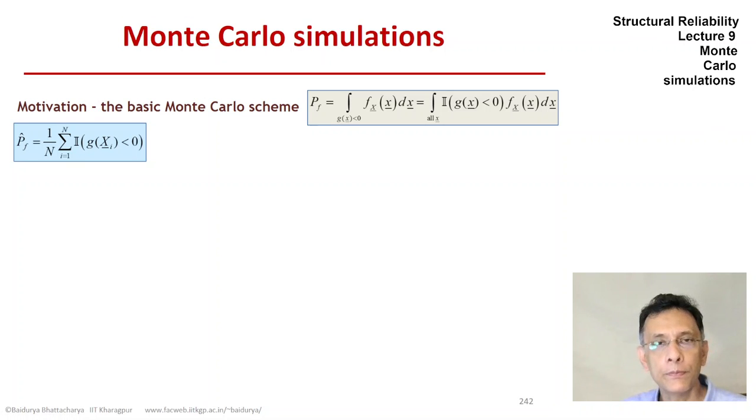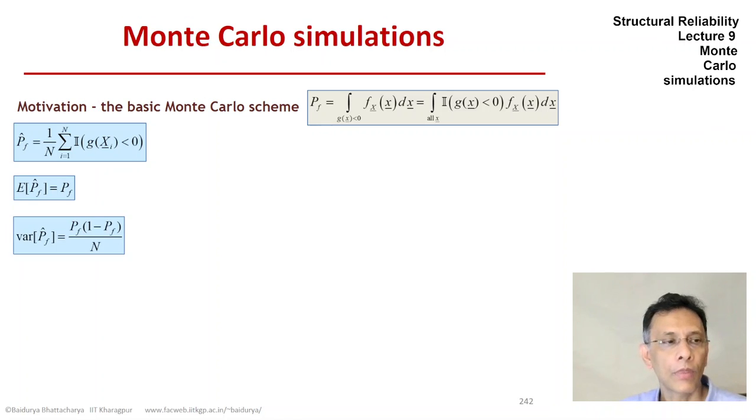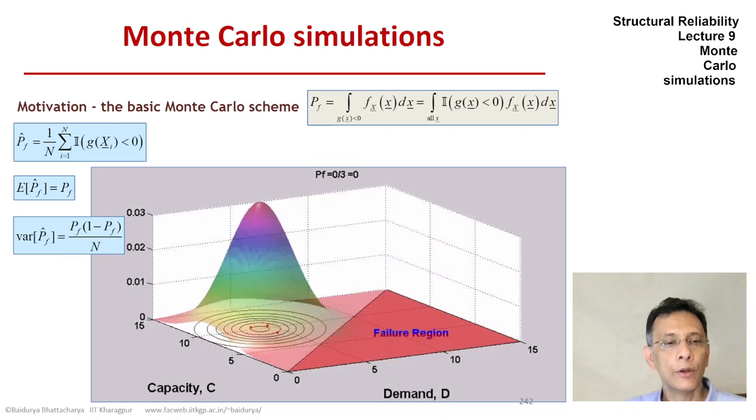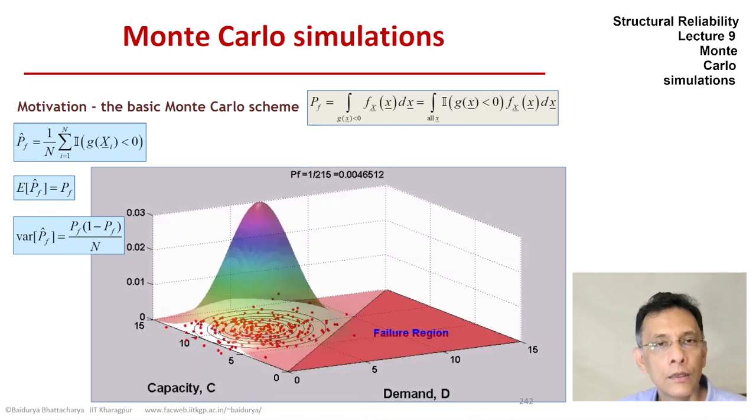If we have to show this graphically through a small movie, we would look at it this way. While the movie is running, let us also look at the mean of the estimated PF and the variance of the estimated PF on the right.